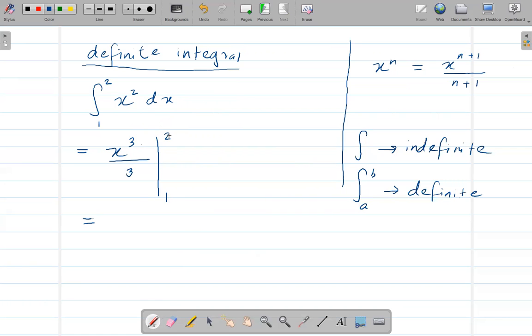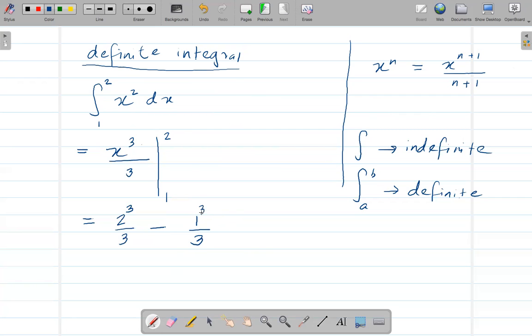So what I mean is, plug this to here, which will be 2 to the power 3 over 3 minus, and after that, plug this value here. If you plug this in here, it will be 1 to the power 3, which is just 1, divided by 3.